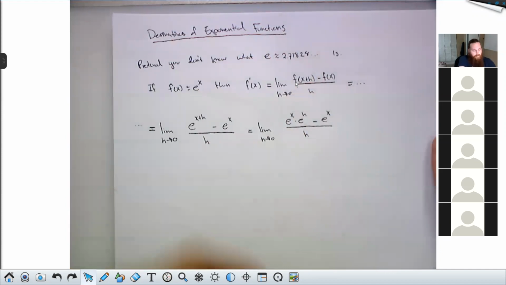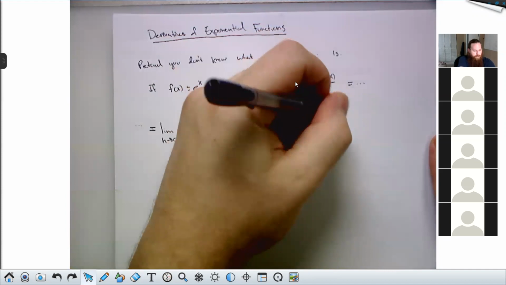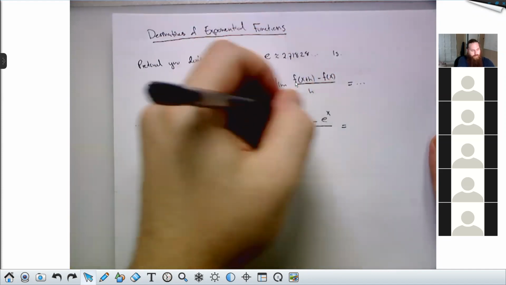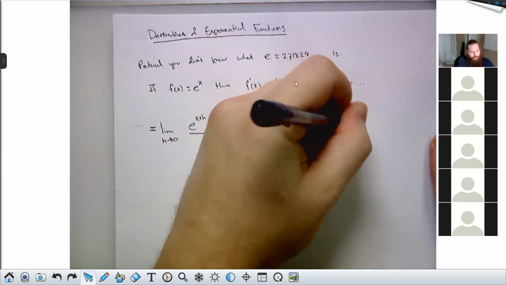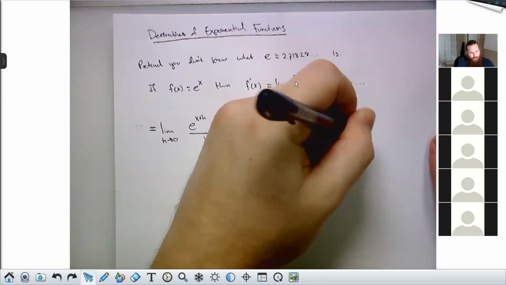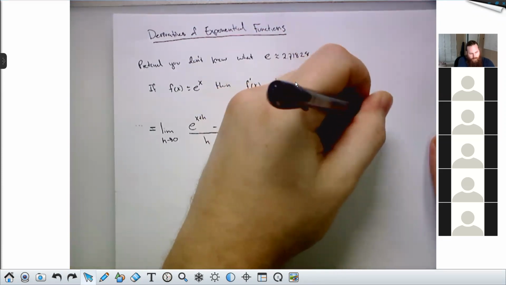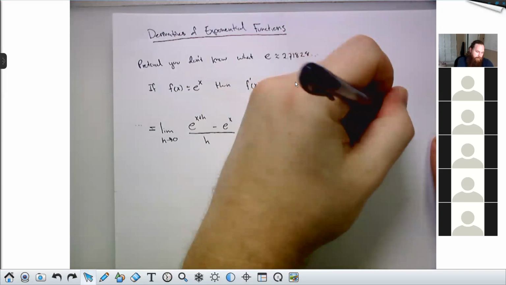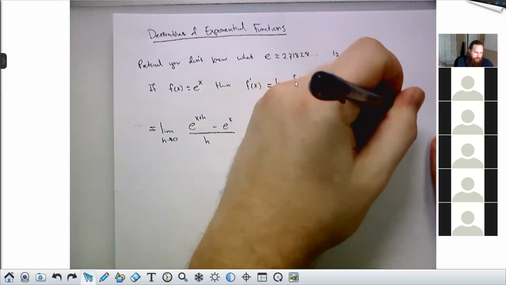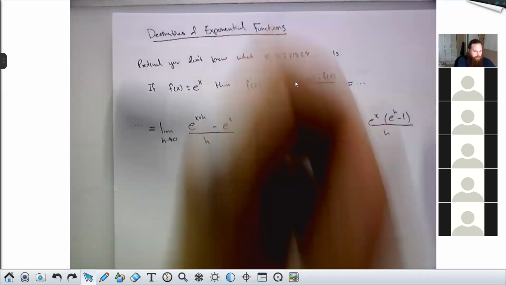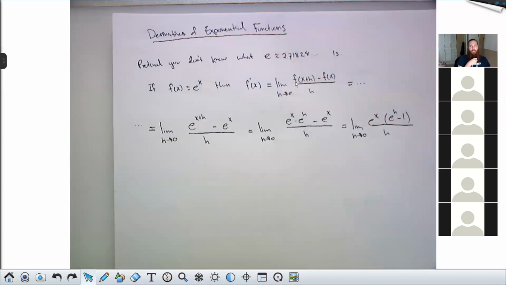And you can factor e to the x out, like so. Everybody see it? If I factor e to the x out, this piece becomes e to the h, and this piece just becomes 1.